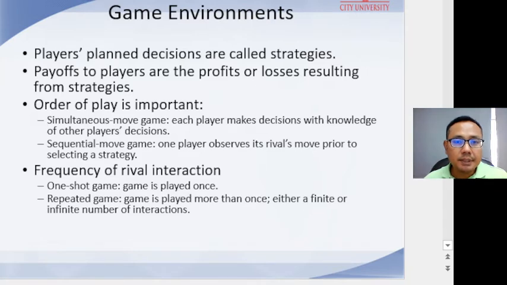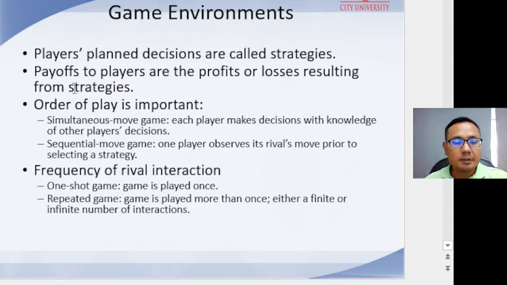In a game, the players are individuals who make a decision. For example, in an oligopolistic market consisting of two firms, each of which must make a pricing decision, the firms' managers are the players.